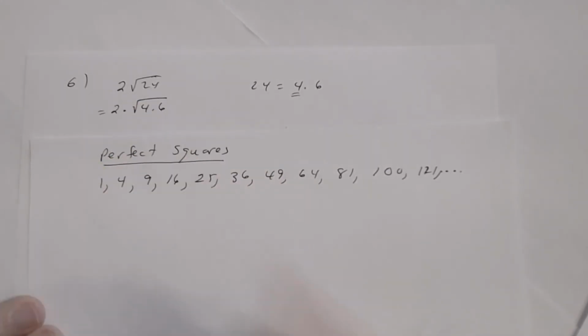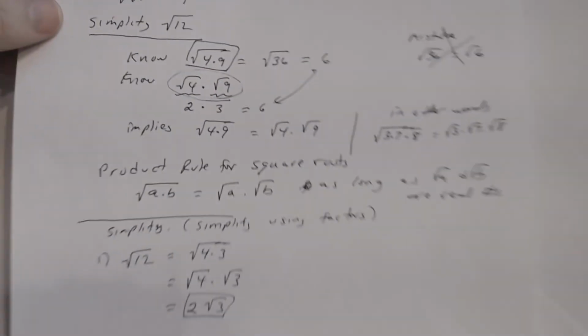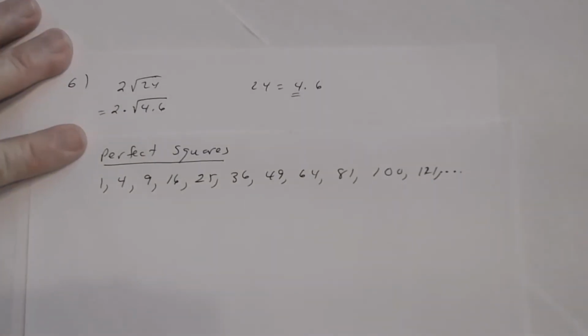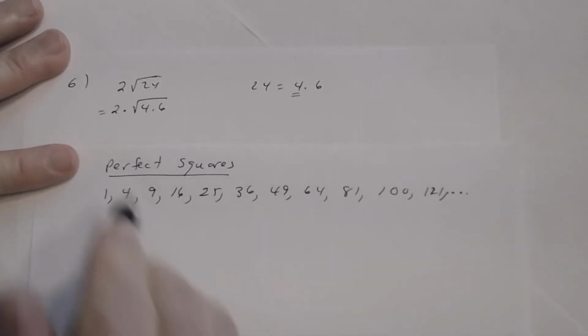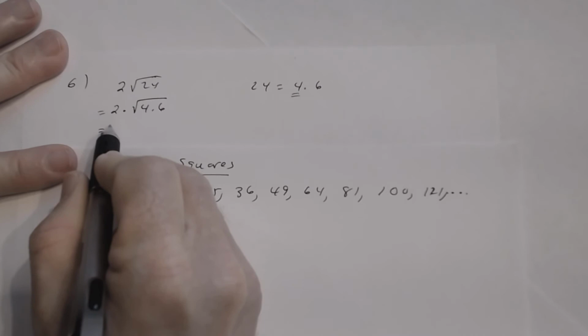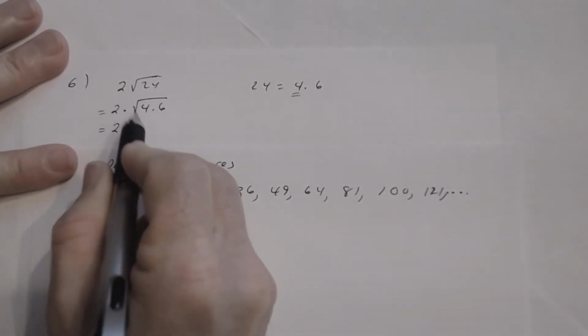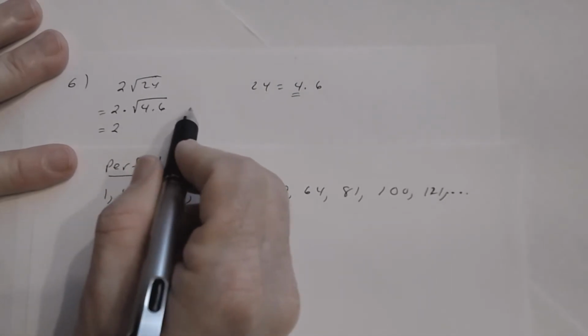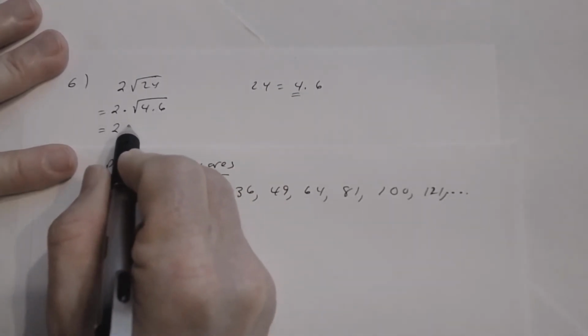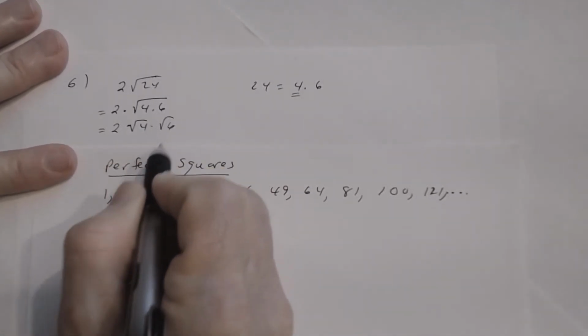And then you use the product rule for square roots. The product rule says if I have the square root of a product of factors, then I can rewrite this, don't forget the 2, as a product of the square roots of all these factors. Meaning the square root of 4 times the square root of 6.